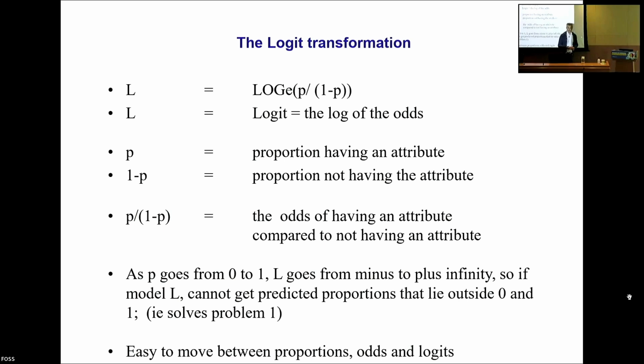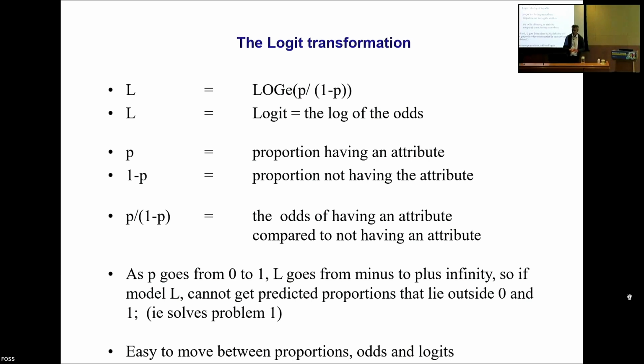For example, if the binary variable is alive or dead, and dead is 1 and alive is 0, p would be the probability of being dead versus the probability of not being dead, or being alive. The logit is the natural log of p divided by 1 minus p, and p divided by 1 minus p is the odds.